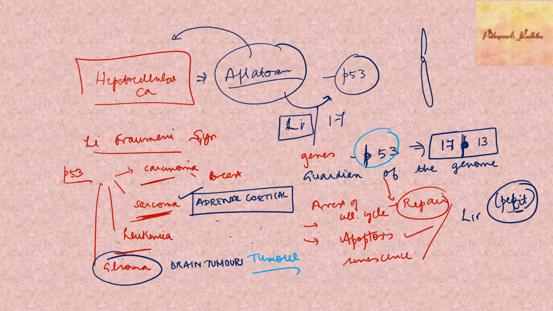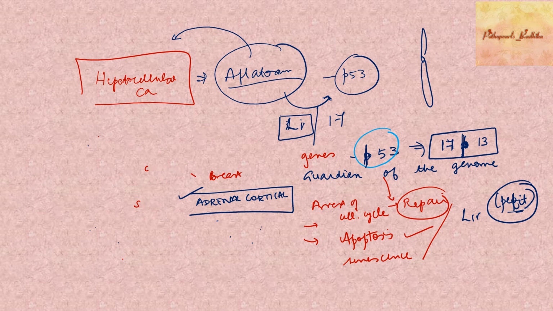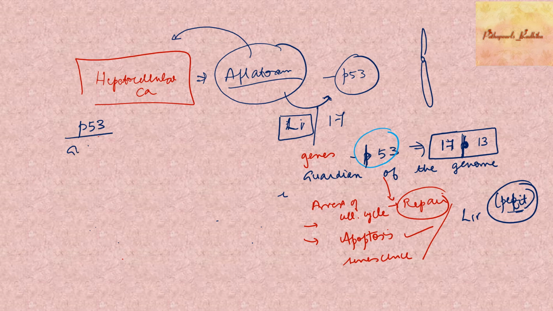Okay, so let me summarize whatever I've discussed so far about p53. p53 is an important gene in neoplasia. We are going to discuss one gene a day, and today's gene is p53. p53 is called the guardian of the genome because it guards the cells against development of tumors, and it's located on chromosome 17p13. It can cause a huge range of cancers if it's mutated.